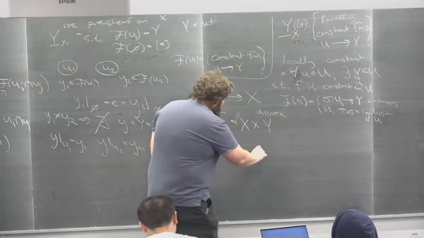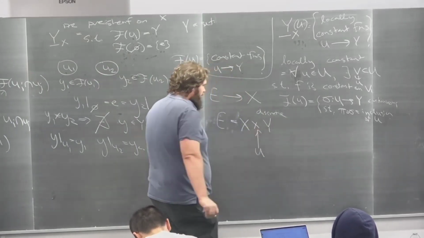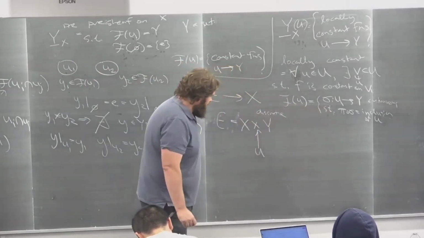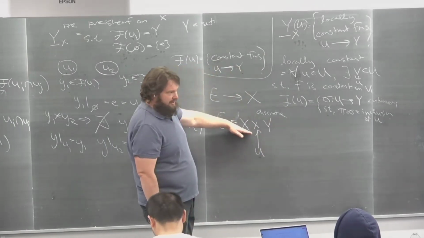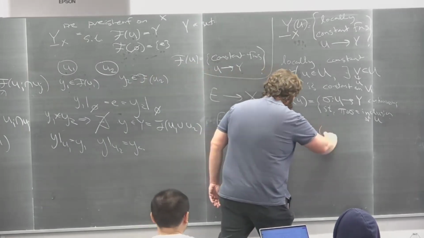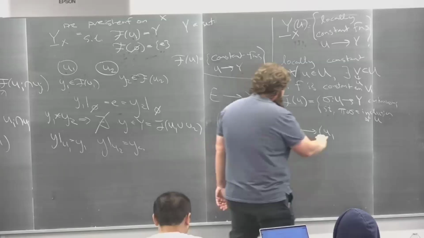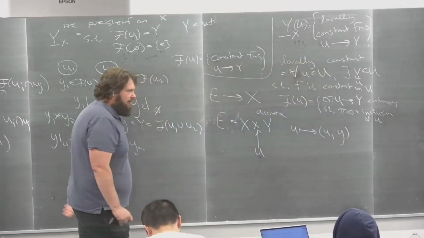So just think this through. What does it mean to map U into this product such that I get this property? So this just says that when I have a point here, I send it to the same point. Actually write this out. U has to map to the same thing in the first factor, and then something in the second factor.